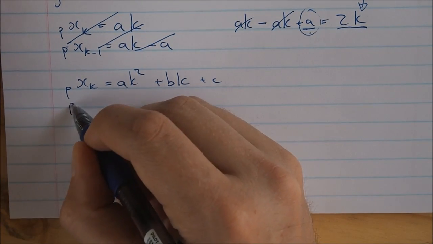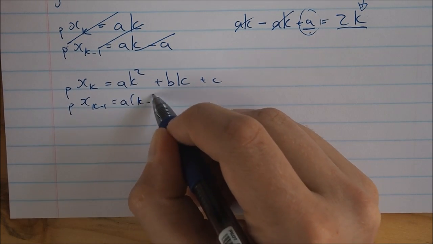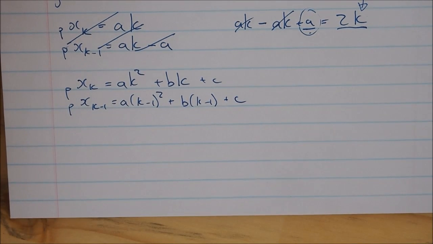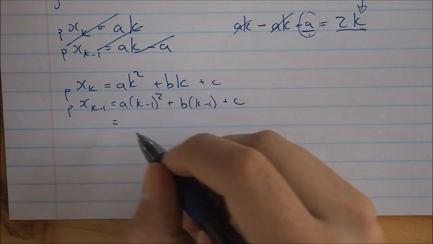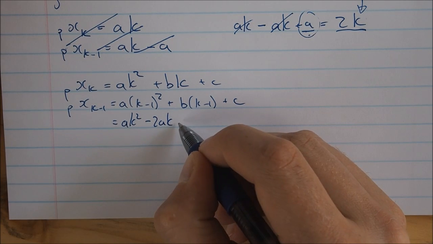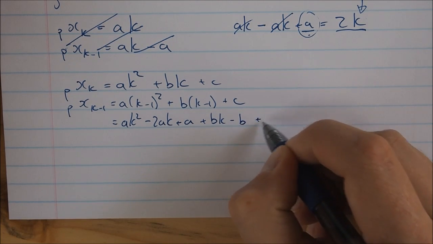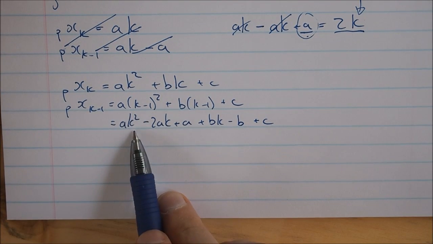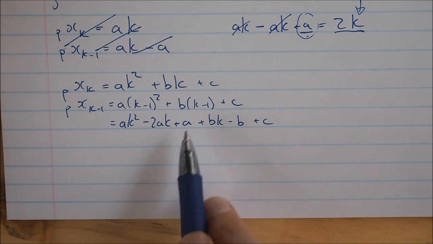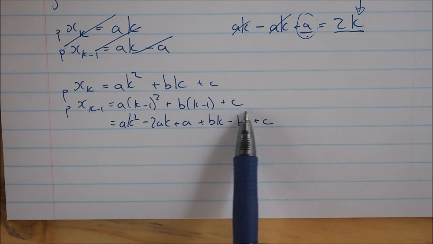Then x_{k-1} is going to be A (k minus 1) squared plus B (k minus 1) plus C. This gives me A k squared minus 2A k plus A plus B k minus B plus C.